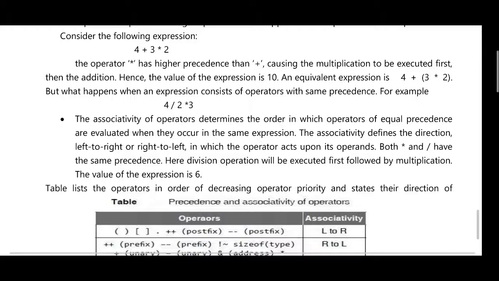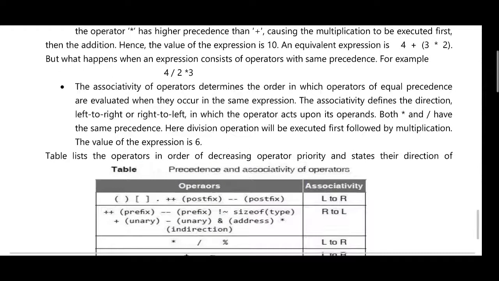Both * and / have the same precedence. Here the division operator will be executed first, followed by the multiplication operator. Then the value of the expression is 6.